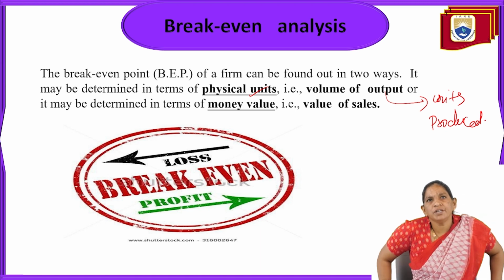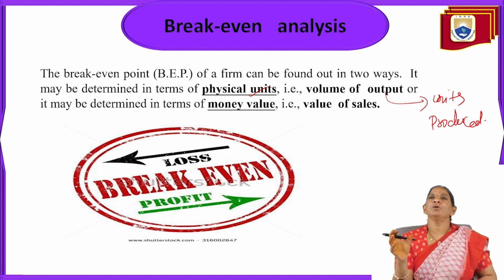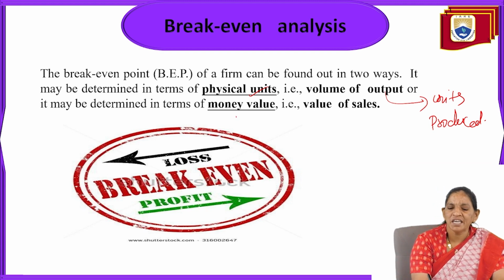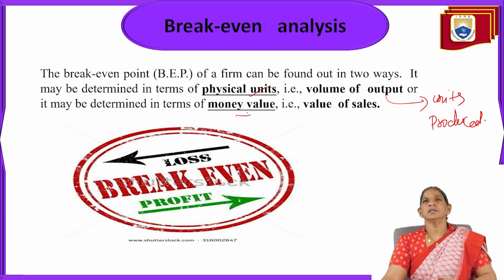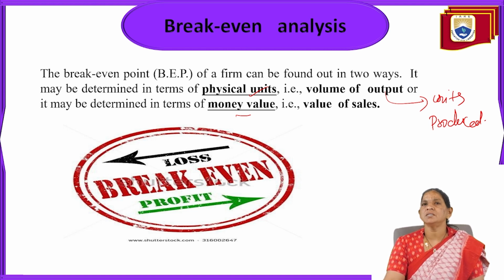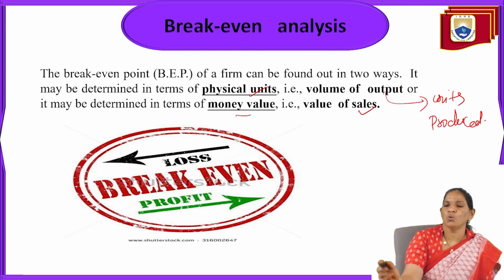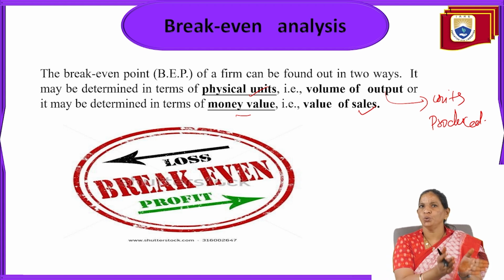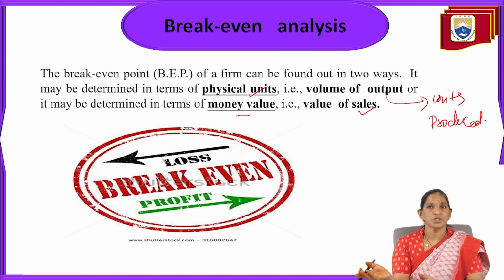So what are we getting, how many units, the volume of output, or we have to determine it in terms of money value. That is, the second way is we determine it in terms of money. How many units you have sold in the market means we can achieve the break even unit-wise, that is, the number of units produced and sold.